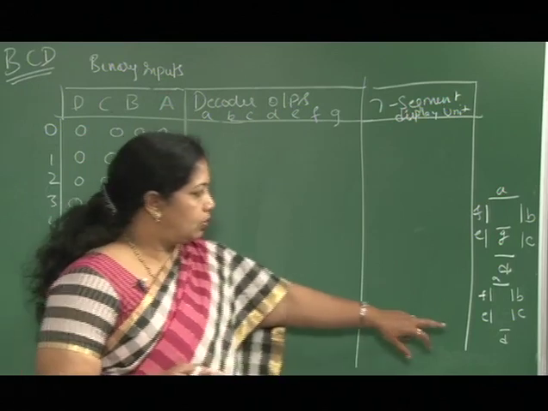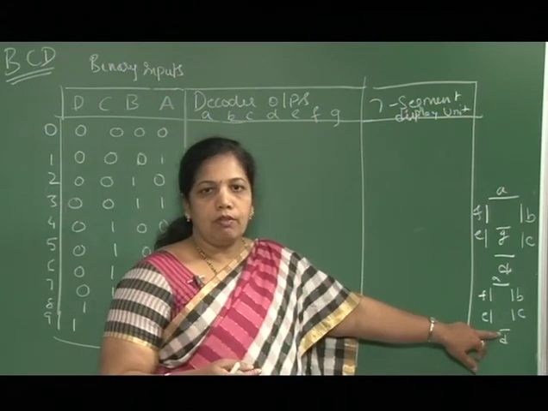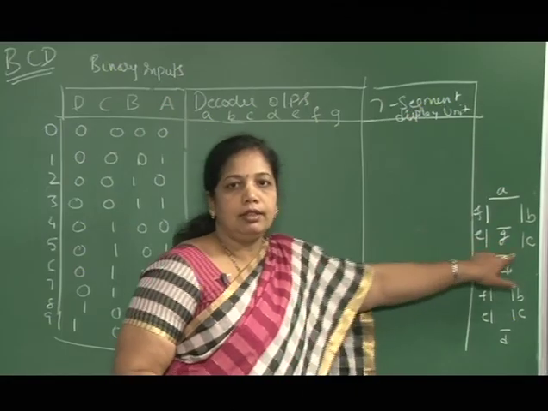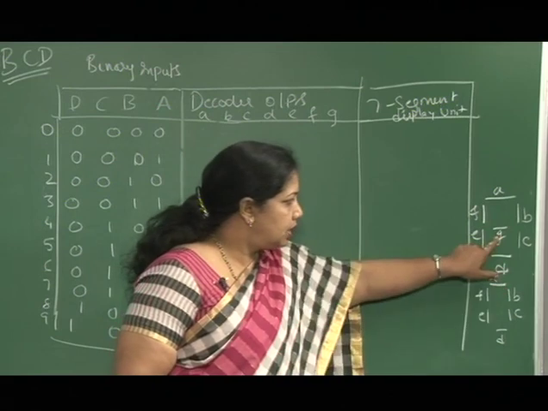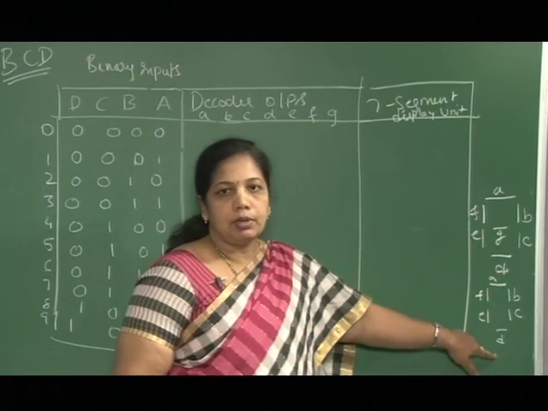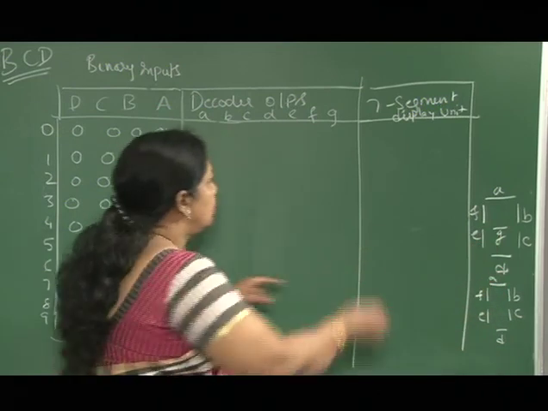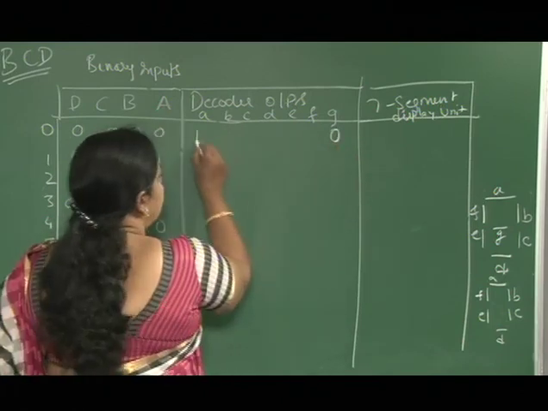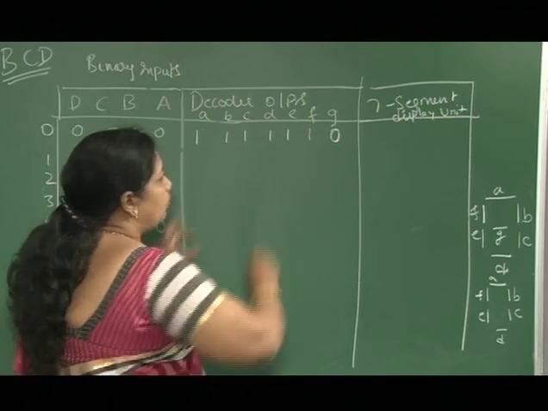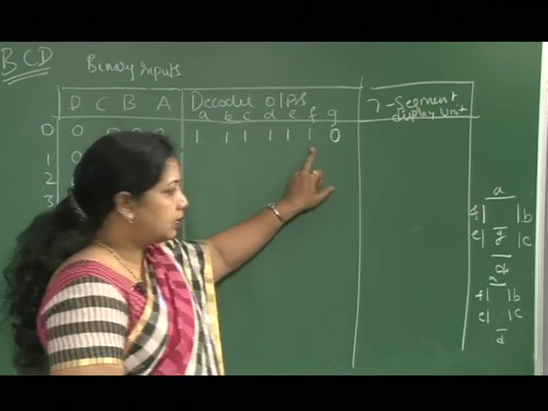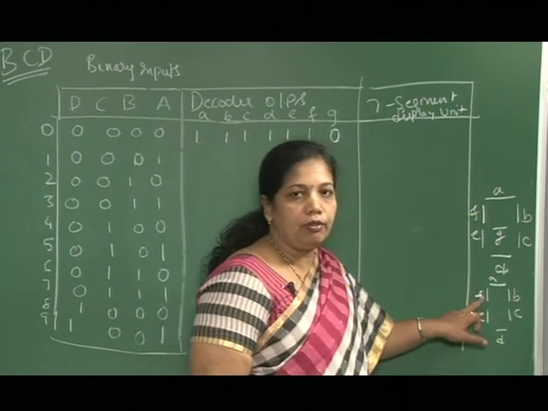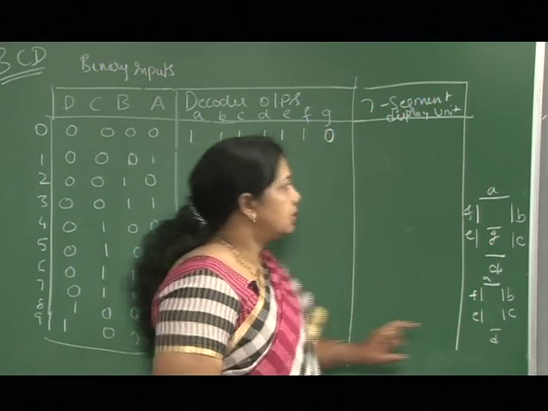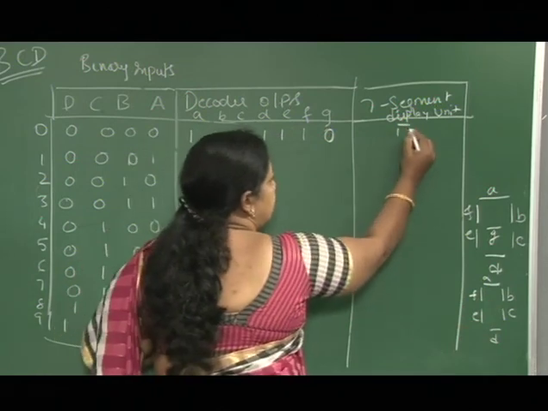Now I am going to write for 0. For 0, except this G, all other segments are on. So I will write 0 for G, which is off, and I will write 1 for all segments from A to F, which are on. Similarly, my output will be like this now.